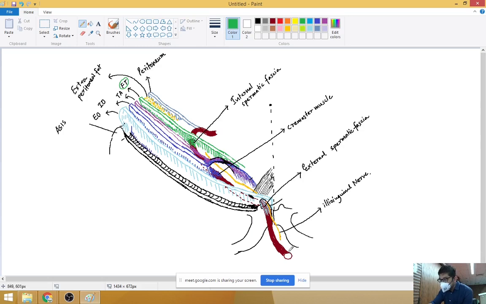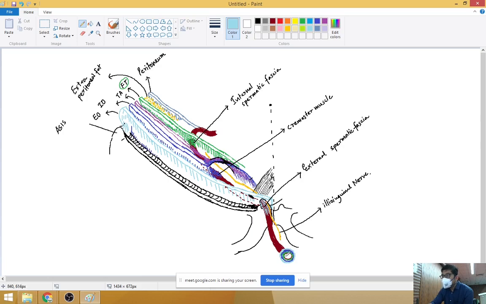If you make it a little round, then the first layer outside, what had come from there? Internal spermatic fascia, isn't it? What was above it? The cremasteric muscle, isn't it? What was above it? The external spermatic fascia.